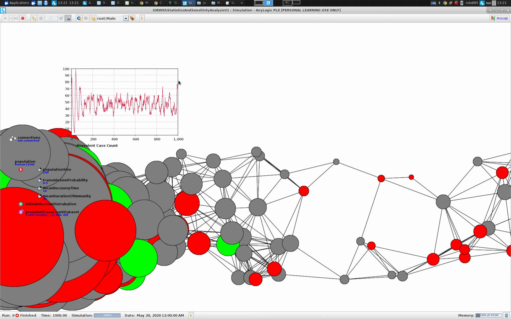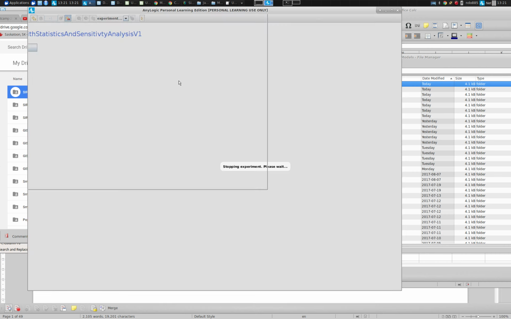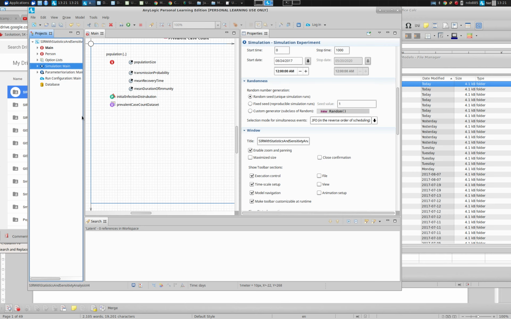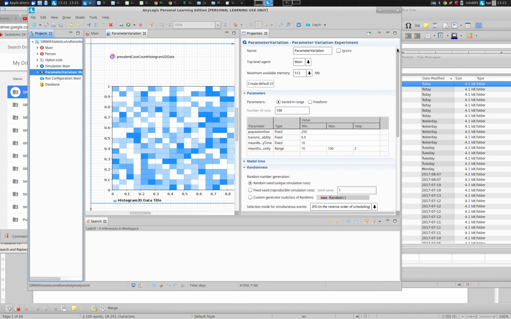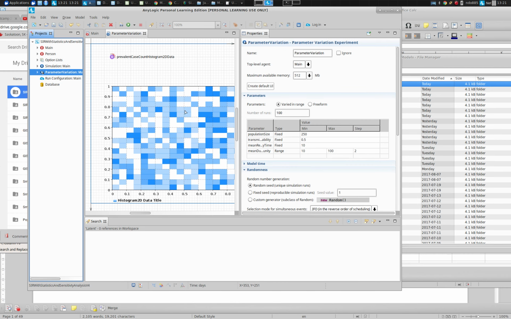So the natural question was, which of these are regularities we can count on, and which of them are flukes of a particular run? In order to investigate that, we created this parameter variation experiment, which ran the underlying simulation model, ran main, many times. And I actually told it here to run it 100 times over.